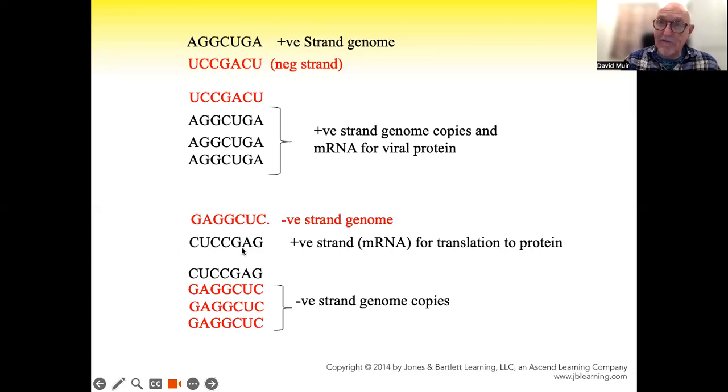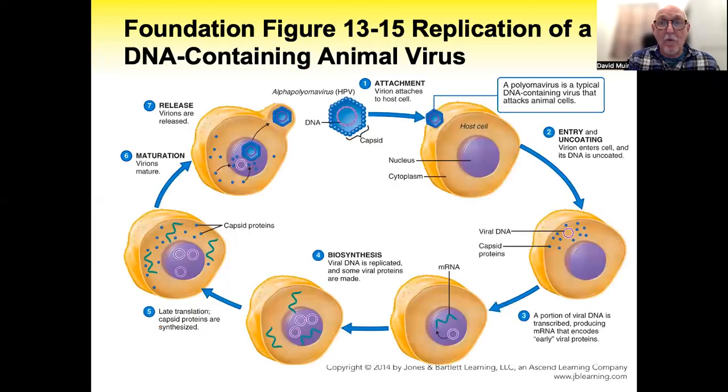They'll produce lots of copies of it, and use that to produce the viral proteins, but they also then transcribe it again in order to produce all the negative strand genome copies. These proteins package themselves together into the capsids. The viral genome is then packaged into the capsid, and it's complete and can proceed. Okay, so I hope that makes that a little bit clearer.